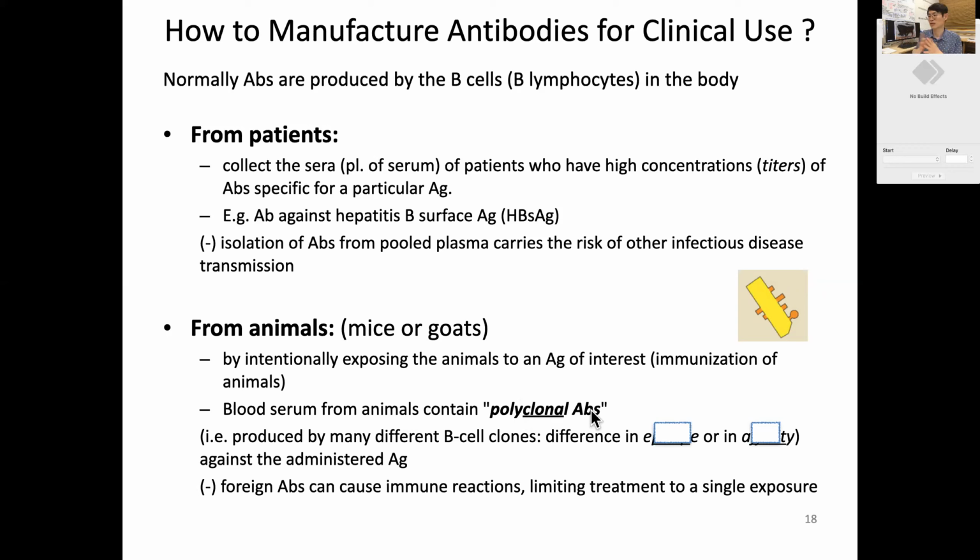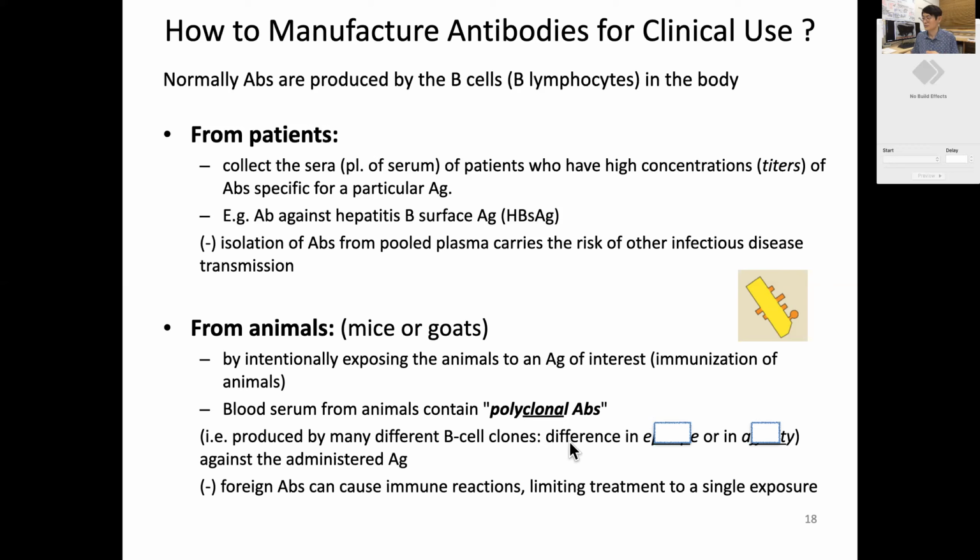Why do we say clonal? Because this antibody is produced by many different B cell clones. Clone means, let's say there is a very specific antigen and an antibody against it. The B cell will create clones of the same antibody, while another B cell with another epitope will generate another clone of antibody.